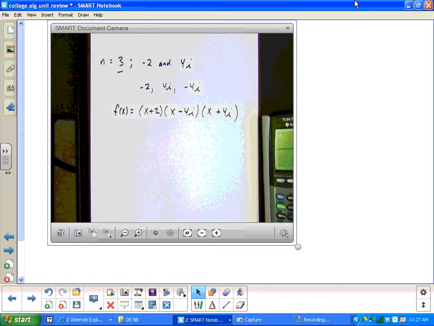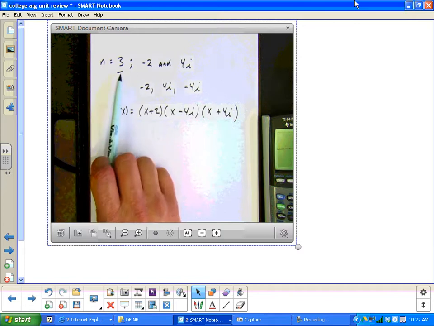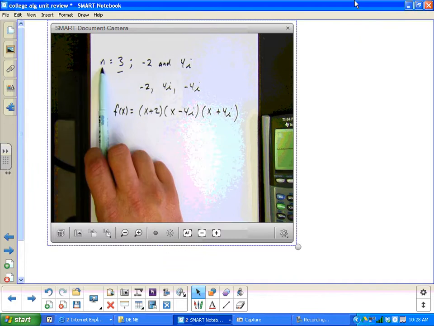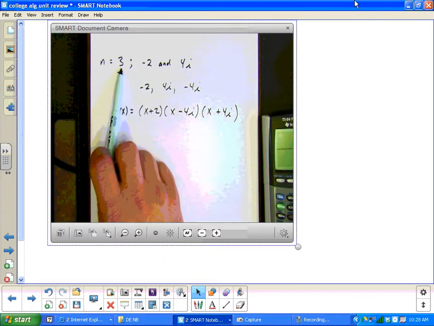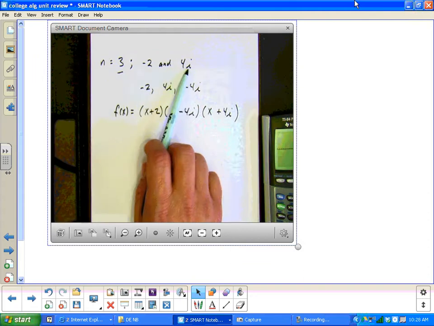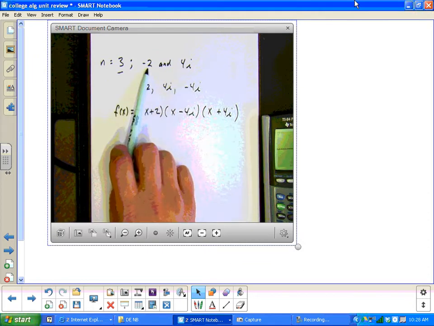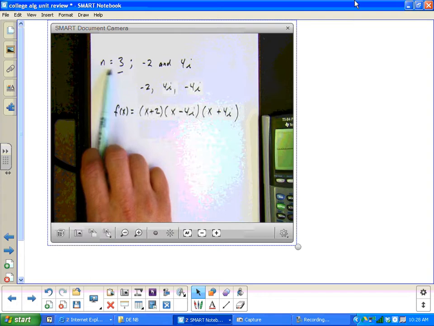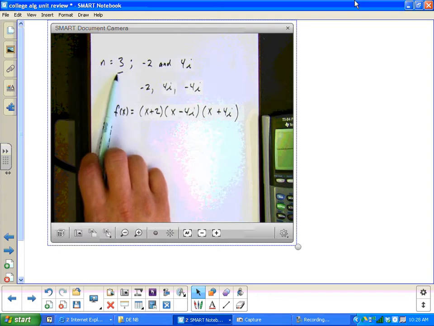Let me pose this question, though I'm not going to give you a question like this, I just want y'all to think. If it said n equals 4, and it only gave you 2 of these, what would that really mean about the negative 2? It would be multiplicity. So you'd have to say x plus 2 times x plus 2.